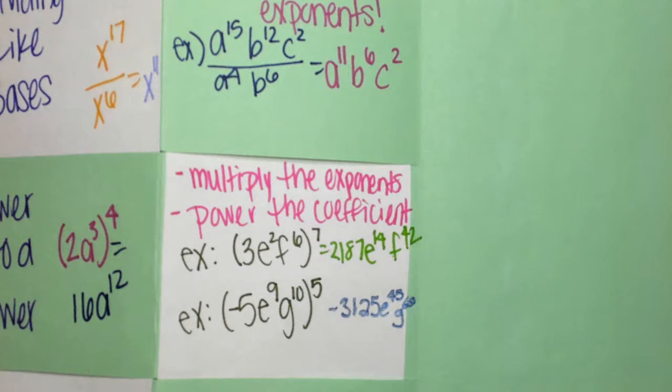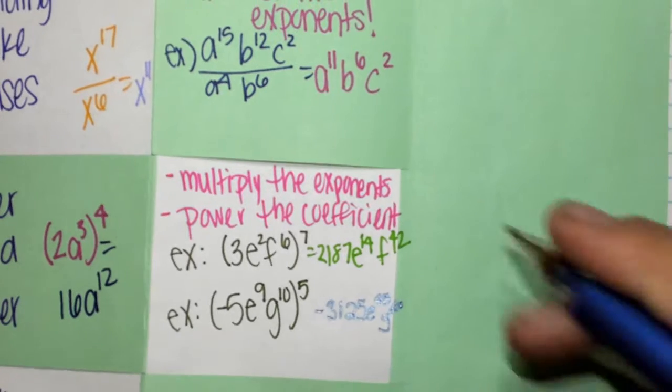G to the what? 60. 10 times 5 is? 10. Okay. 50, okay.